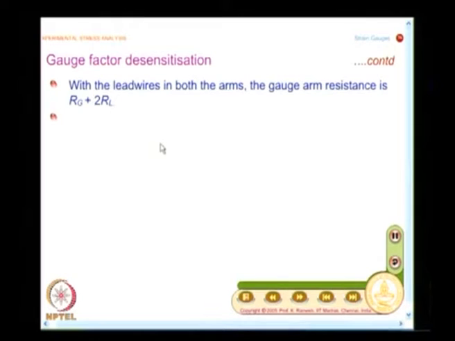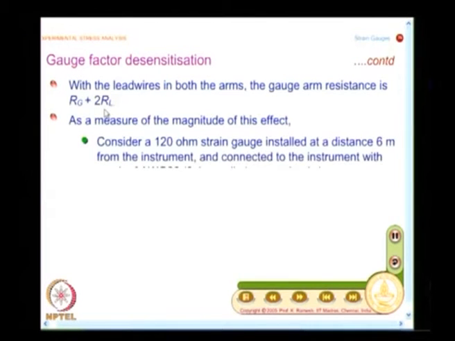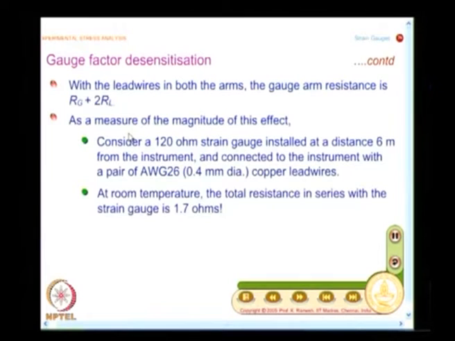And as I mentioned earlier, the resistance in that arm increases to Rg plus 2 RL, and let us look at a simple practical example. Suppose I take an installation which is at a distance of 6 meters from the instrument, and you have to connect this strain gauge to the instrument, and you take a good set of copper lead wires.